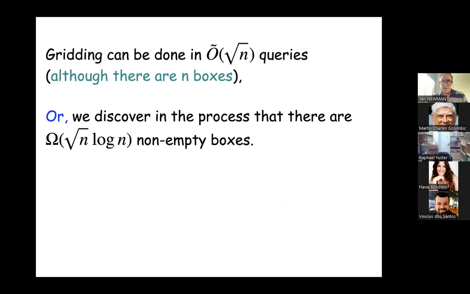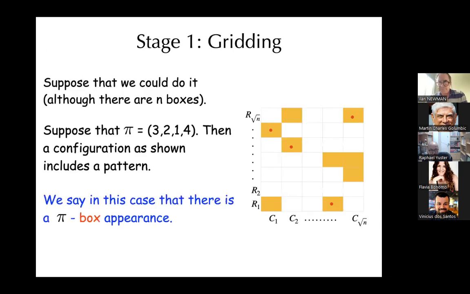It's just by sampling. So if I'm going back, what do I need to do in order to do this gridding? The columns are easy, I told you. We just partition the set n into disjoint sets of square root of n. How do we form the layers? Just by sampling essentially square root of n points, like say 100 square root of n points, you expect that 100 points will be in every layer.